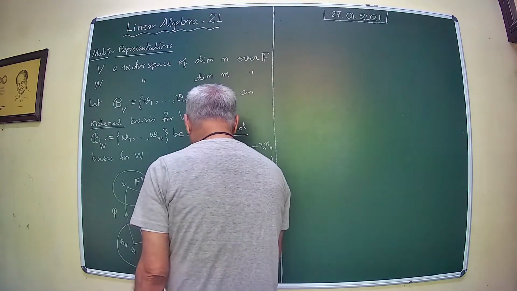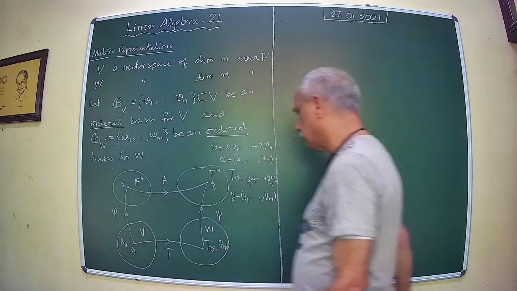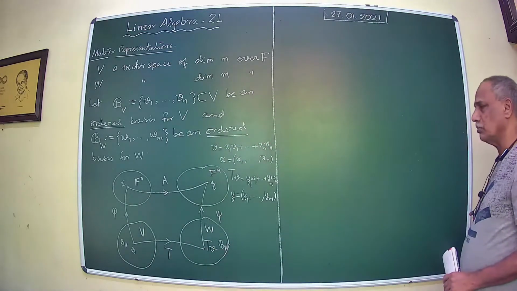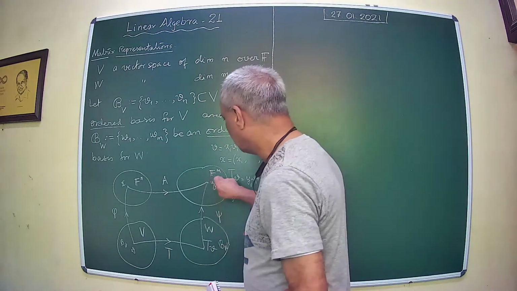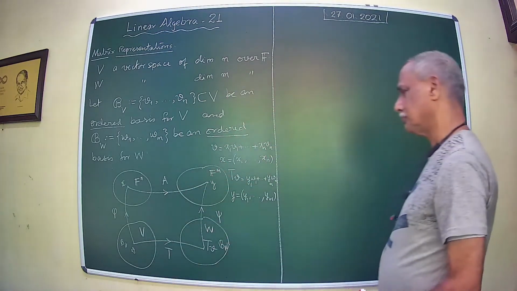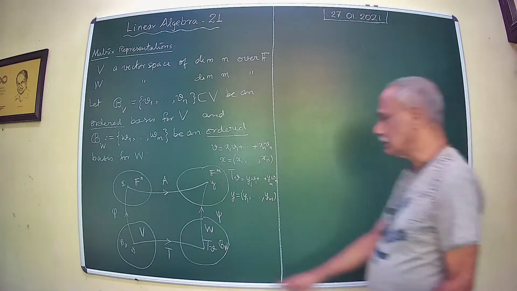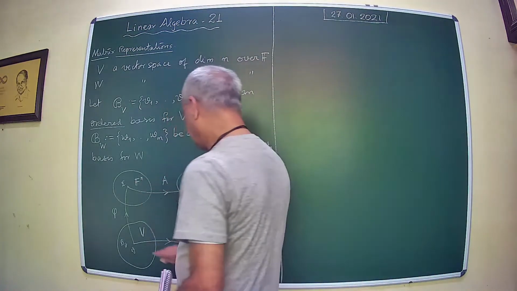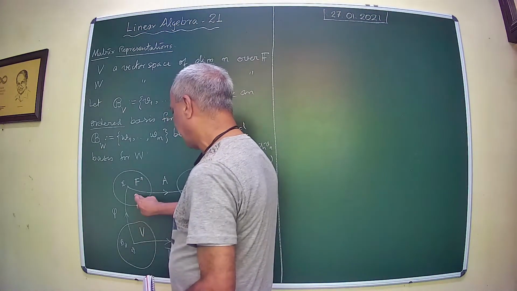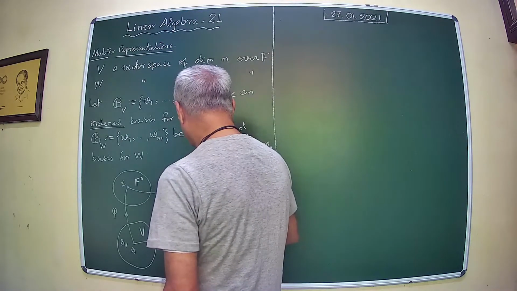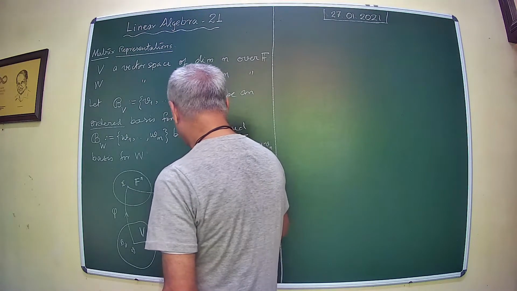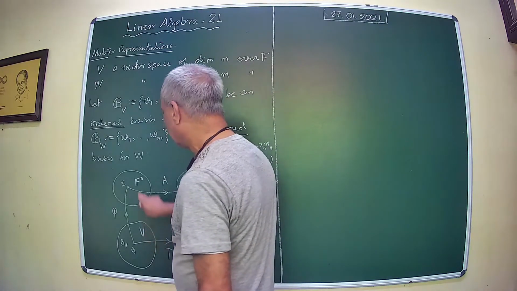And corresponding to the choice of the ordered basis BW, there is an isomorphism psi from W to Fm. Both phi is one-to-one, onto, and linear. So also psi is one-to-one, onto, linear between W and Fm. Here it is between V and Fn.